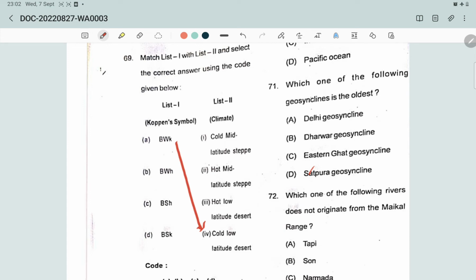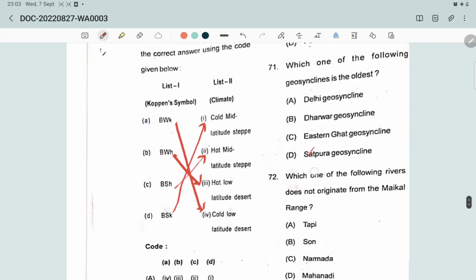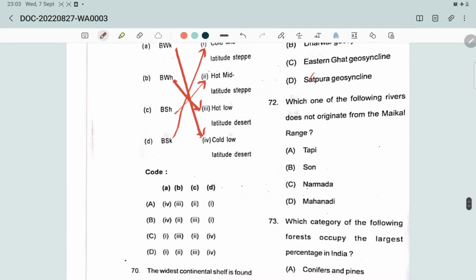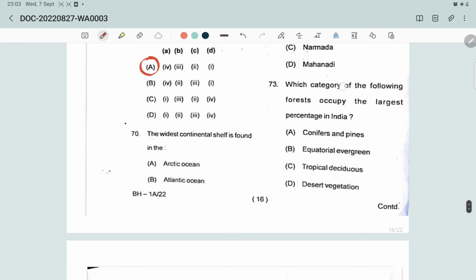And BWH will denote the hot low latitude desert. And BSH will denote the hot mid latitude steppe, and BSK will denote the cold mid latitude steppe, and the answer will be option A.